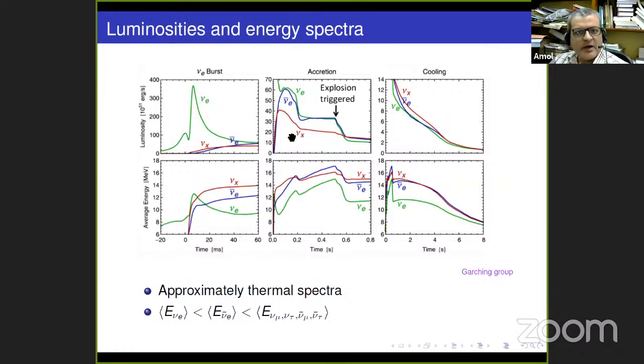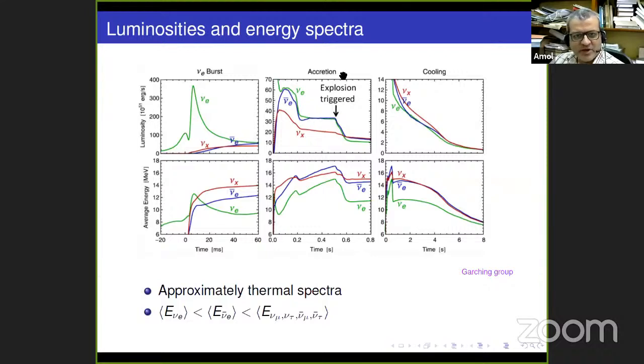By this time, along with electron neutrinos, you also get electron antineutrinos, shown here by nu E bar, and you also get neutrinos of all other flavors, which are here called nu X. Nu X means nu mu, nu mu bar, nu tau, and nu tau bar. The top figure here shows you the fluxes of nu E, nu E bar, and nu X, and as you see, they are in decreasing order.